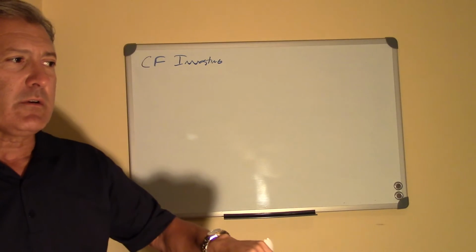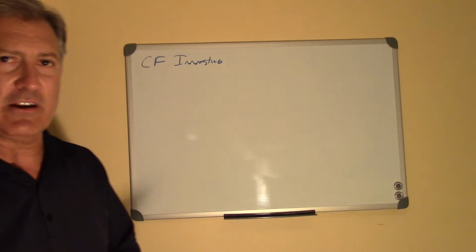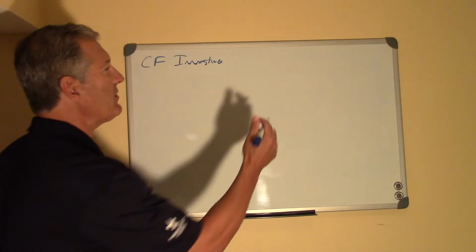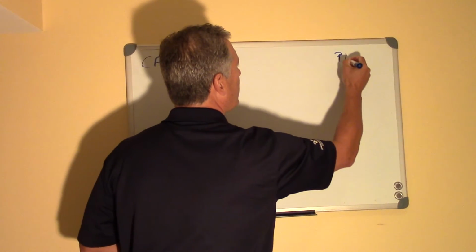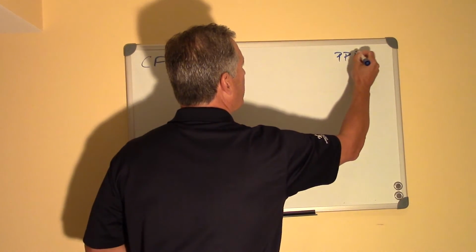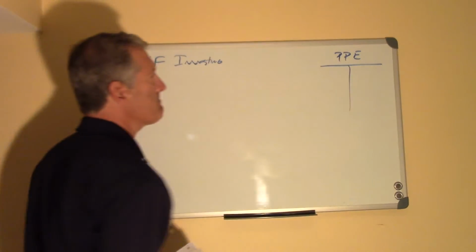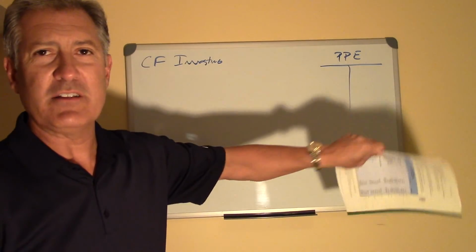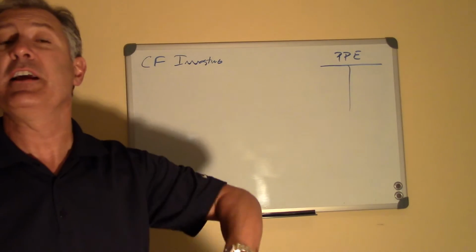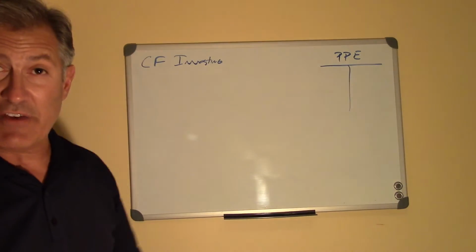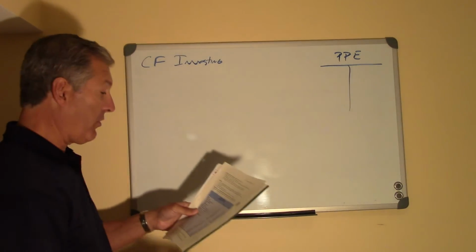Now, they don't tell us anywhere in here if they invested in anything, so we have to look at that T account. Property, plant, and equipment, PP&E, right? We need to look at the beginning balance and the ending balance, account for any sales of assets to see if there are any purchases.